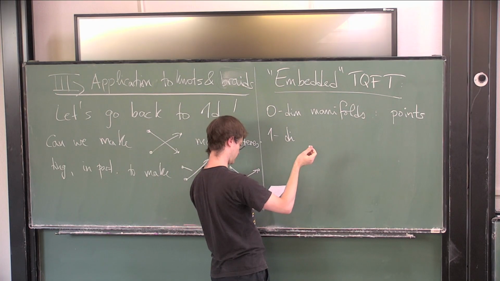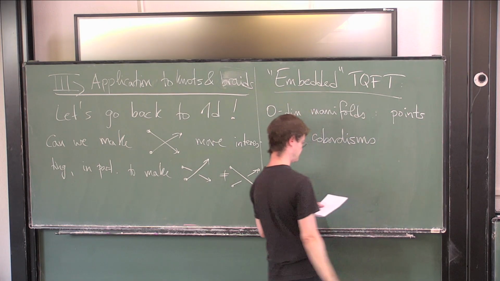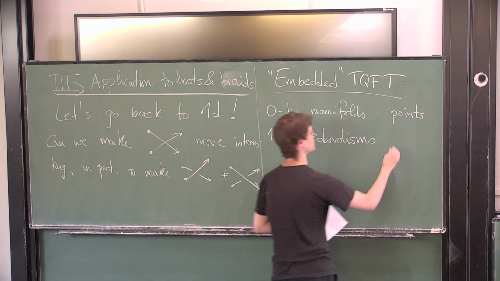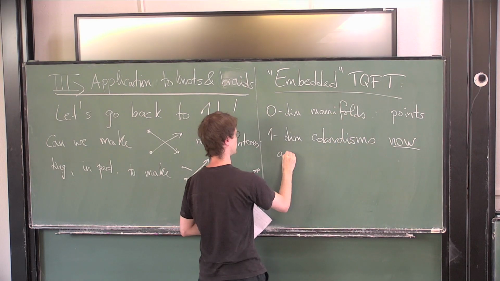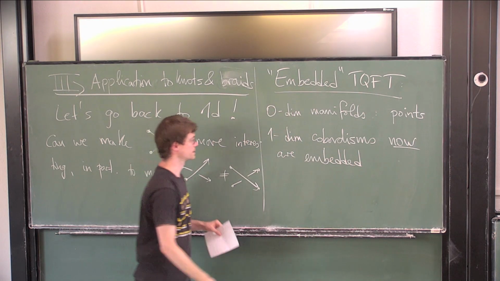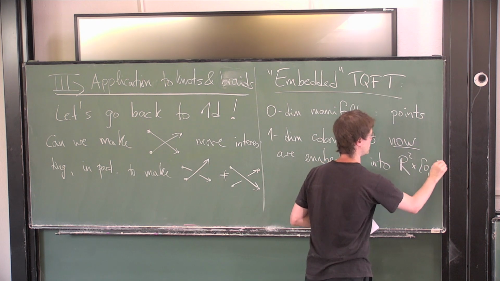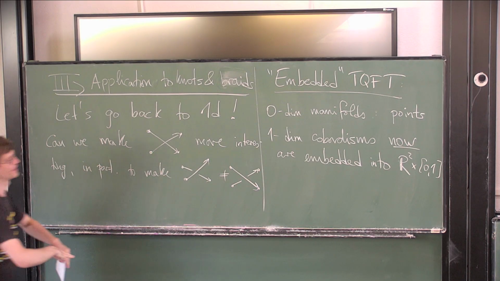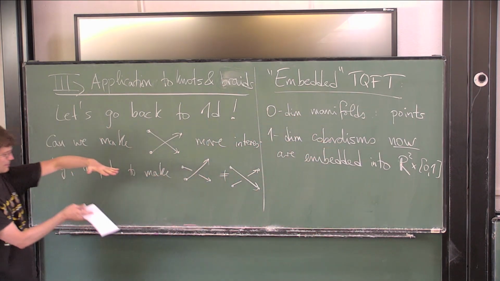And now the cobordisms, we want them to be embedded into R2 cross [0,1]. We'll see why we want R2 cross [0,1], because at time 0 you have the initial data, at time 1 you have the final data, and you want these cobordisms to be in between.